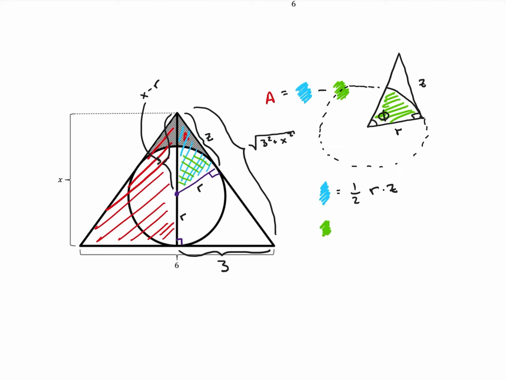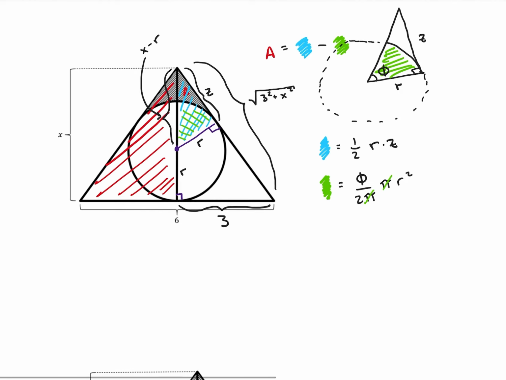So it's a portion of the whole. That green area is equal to phi over 2 pi times the total area of that circle, which will be pi r squared. I'm going to cancel a few things here. These pi's go away, and I'm left with just phi r squared over 2.